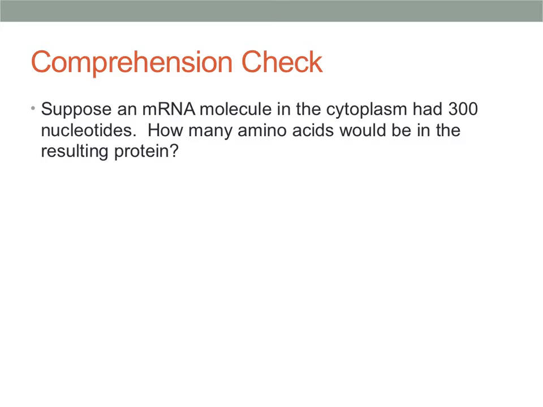So let's just see what you get so far. Suppose the messenger RNA molecule in the cytoplasm had 300 nucleotides. So how many nucleotides per codon? There's 3 nucleotides per codon. So if there's 300 nucleotides, that means there are 100 codons.